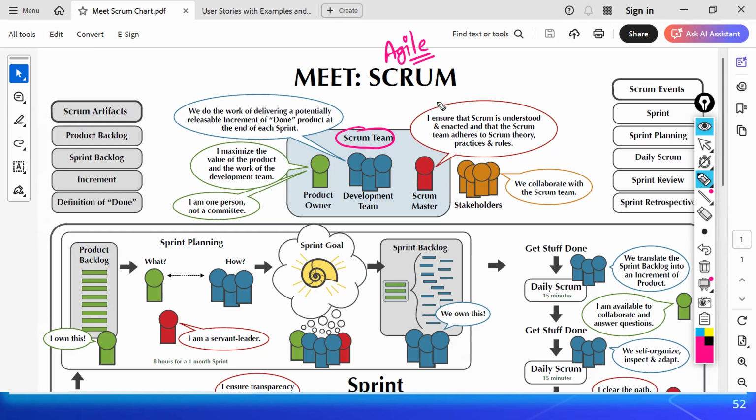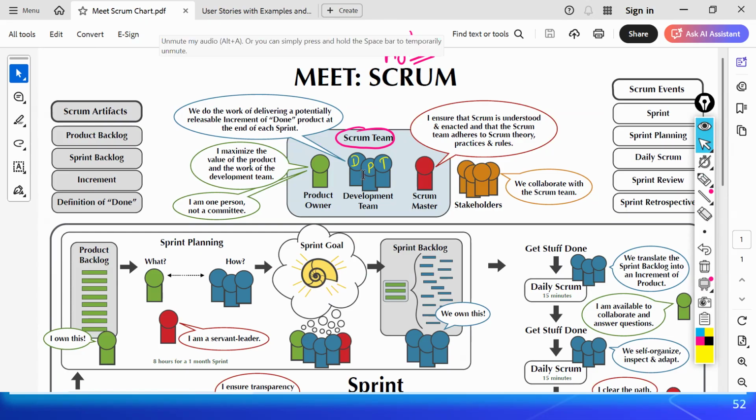In the Scrum team, as you can see, we have the development team, which is primarily your designer, programmer, and tester. Plus, there will be other people who are responsible for the implementation of your application.